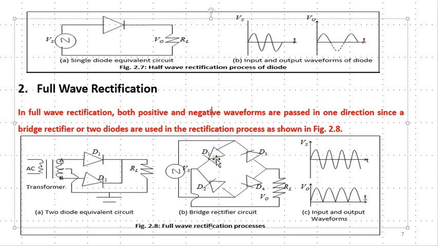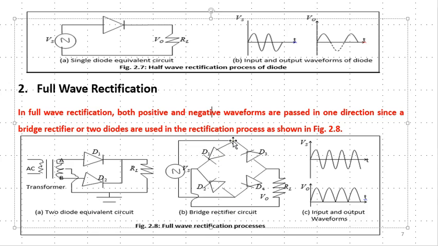Then the second type is a full wave rectifier that uses a bridge. A bridge of how many diodes? Four. We have D1, D2, D3 and D4. Now what we need to look at is that when the positive half is coming, this point should be positive and this one should be negative.